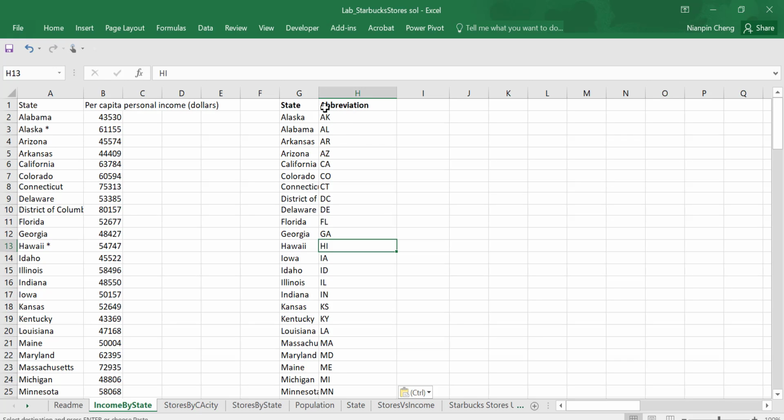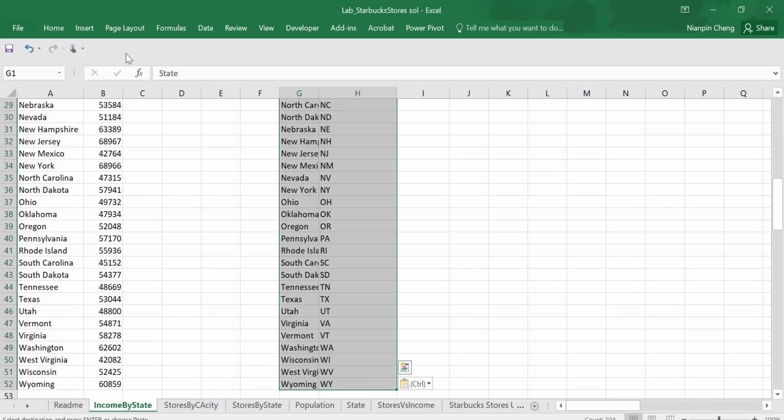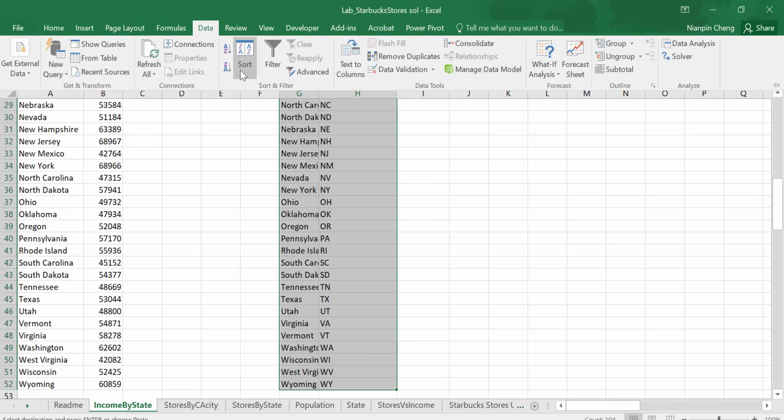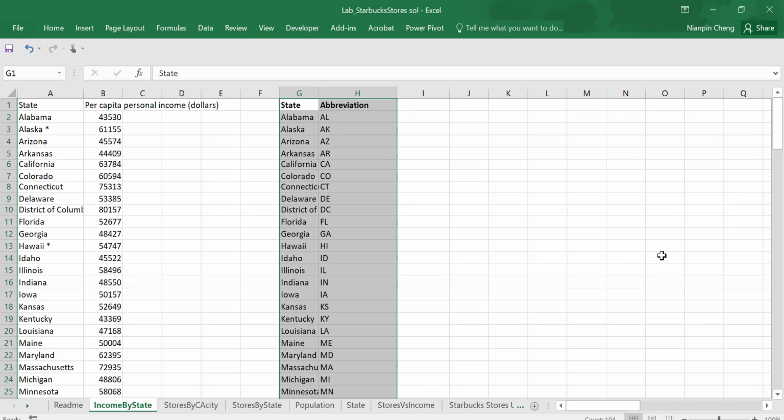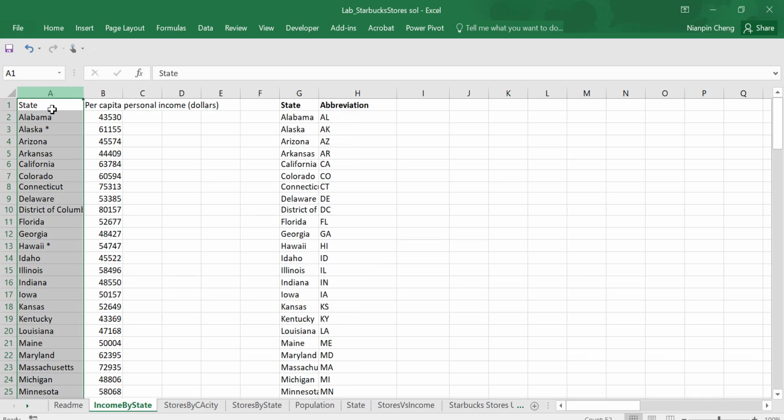We look at, since it's sorted by this column, but the first row is different. So we would like to sort this table by the name, the whole name of the state, which will be consistent with this column. Okay. Now we are both sorted by the state name.